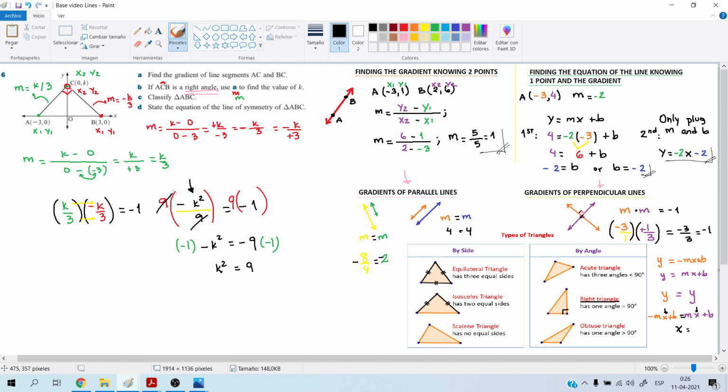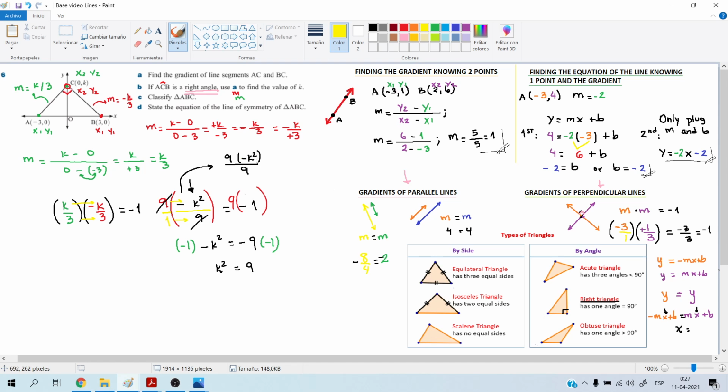Okay, if you're still wondering about this 9 and this, you could do it step by step. And let me show you step by step, because I always have to do it. I'm sorry. So you have the 9 on top, minus k squared, and the 9 in the bottom, right? Why did I put only a fraction 9 there? Because I can say that this 9 is over 1. So 9 times -k and 1 times 9.